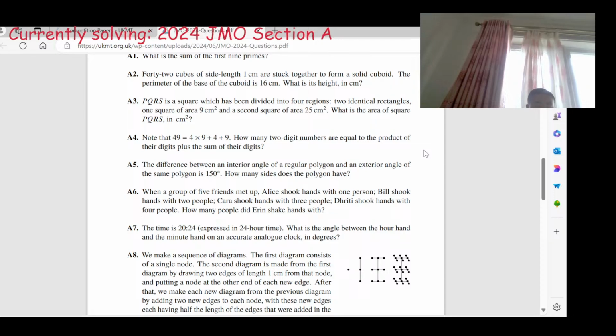So from 12, the hour hand is 108 degrees away, and the minute hand is 144 degrees away, which makes it 108. 108 degrees. Checks out.